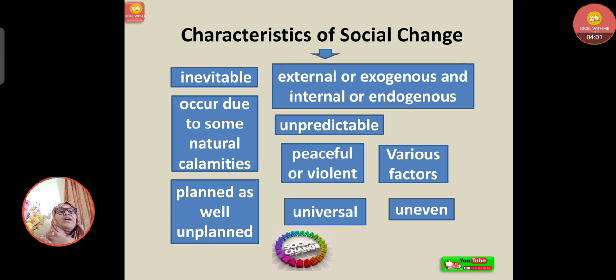Now, let's see what are the characteristics of social change. Let's understand them. Number one, inevitable. That is, social change is inevitable. It cannot be avoided. Then, next, it is a necessity. We all need changes in our lives. Change is the law of nature, and also no change is permanent.